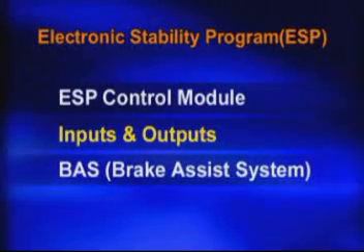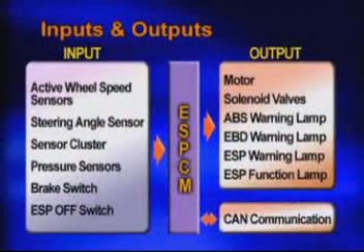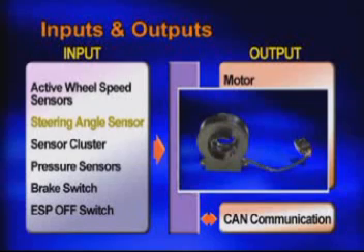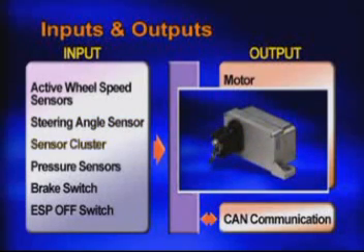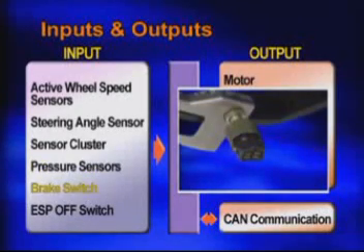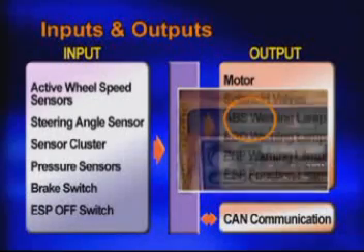Now, let's review the inputs and outputs. The inputs of the ESP system are 4 active type wheel speed sensors, a steering angle sensor, a combination yaw rate and lateral acceleration sensor, 2 pressure sensors, a brake switch, and ESP off switch.